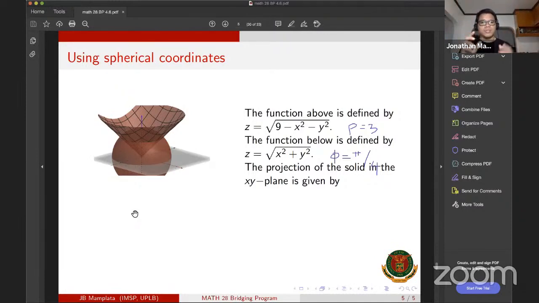So kung dun sa buong solid, papaikutin mo lang yung line segment na yan, you will notice na hindi nababago yung length of that line segment. Okay? Again, hindi nababago yung length of that line segment. My question now is, what is the length of that line segment? Sige nga.